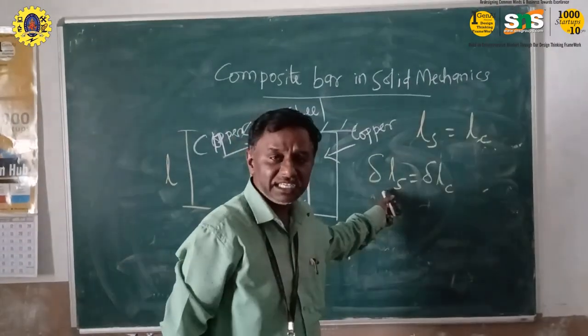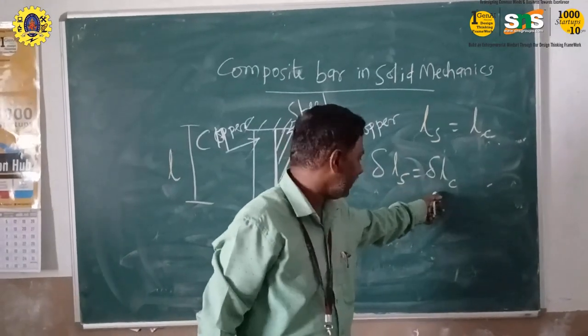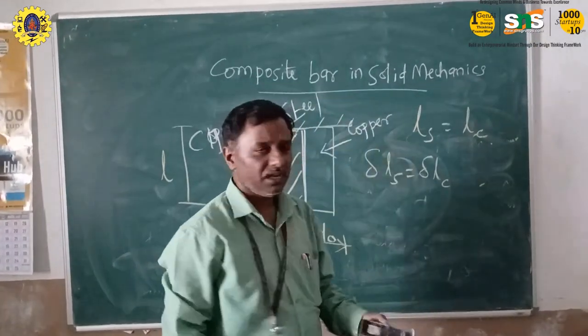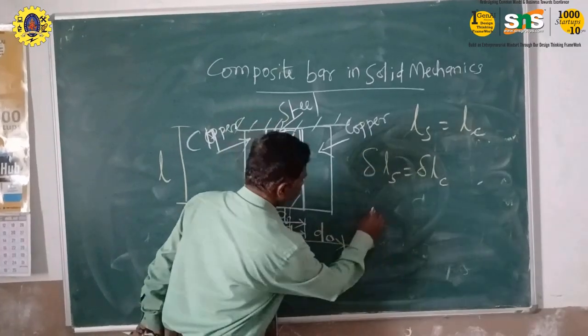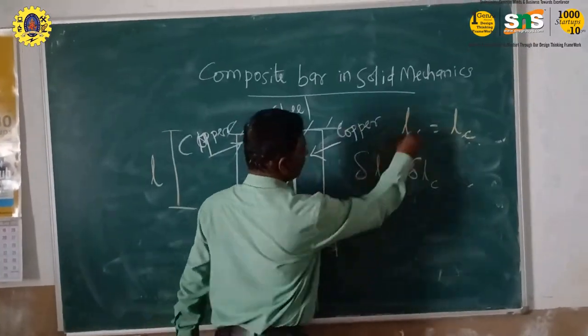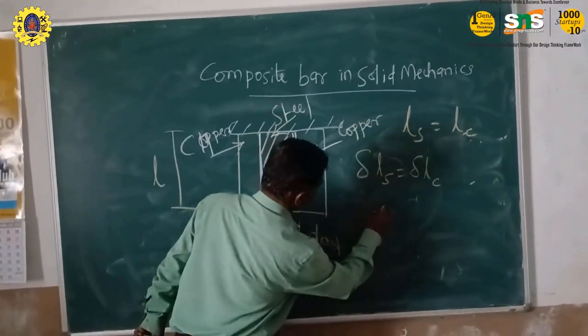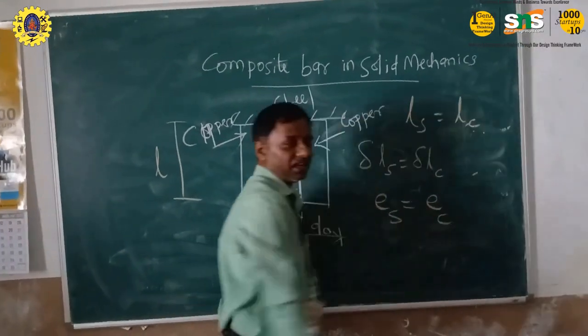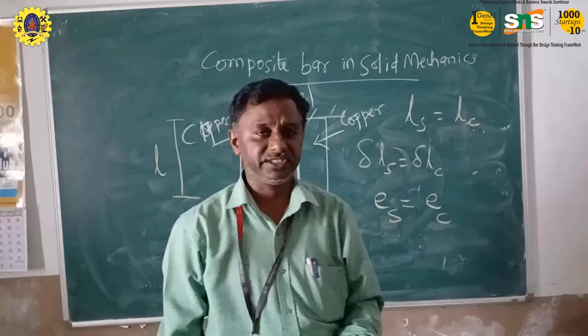Change in length in the steel and in the copper are the same. Putting together, strain equals change in length divided by original length. So the strain is also equal for steel as well as copper in the composite section.